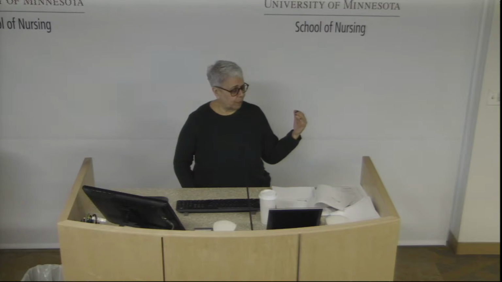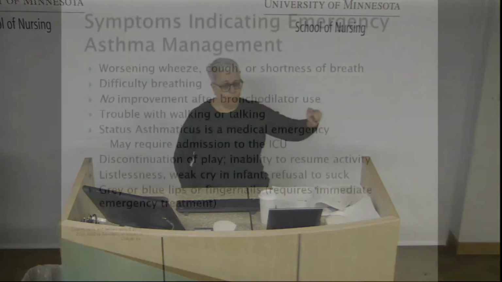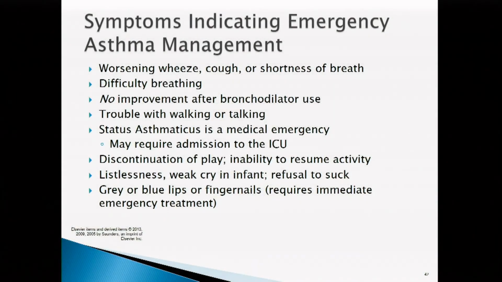Symptoms indicating an emergency in asthma management are a worsening cough or wheeze, shortness of breath, difficulty breathing. Typically, our patients that have asthma have an action plan that gives their daily management, what to do if they start to have an attack, and then what their third line of defense is.